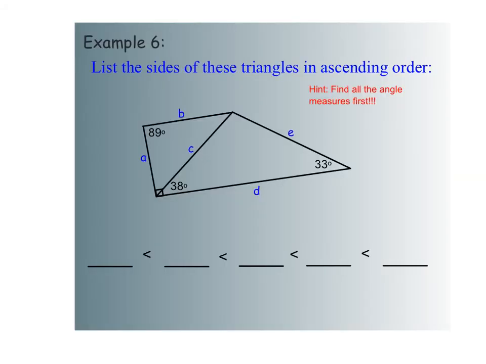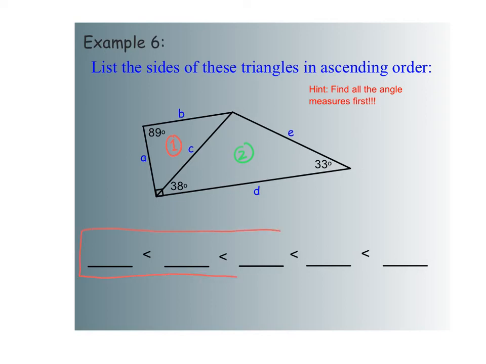Okay, I'm going to look at example 6. I've got two triangles that share a side. As I look at these triangles, I'm going to name one of them triangle 1 and the other triangle 2. So you can see that triangle 1 and triangle 2 share a side, side C. And you can see that triangle 1 is smaller than triangle 2.